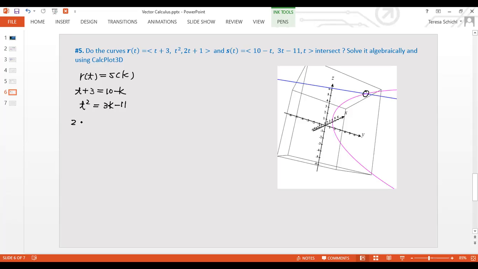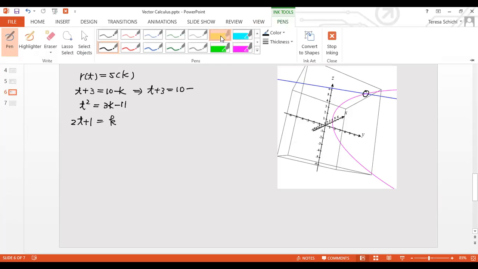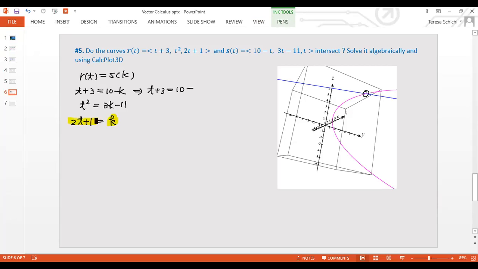And then the last component, 2t plus 1, is equal to k here. Okay, let's try to solve this equation. From here, I see k is equal to 2t plus 1.